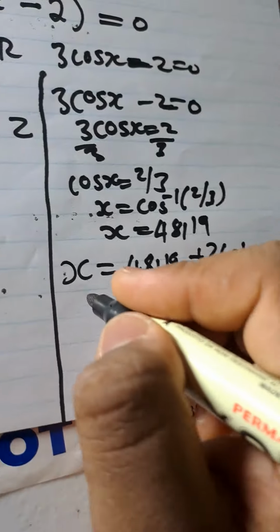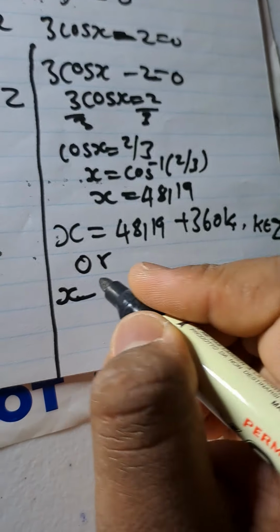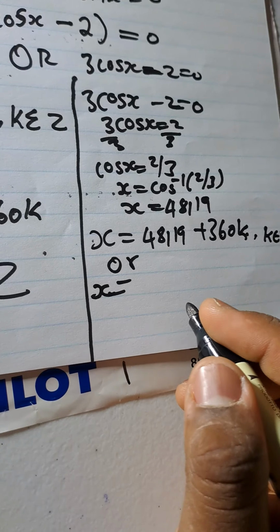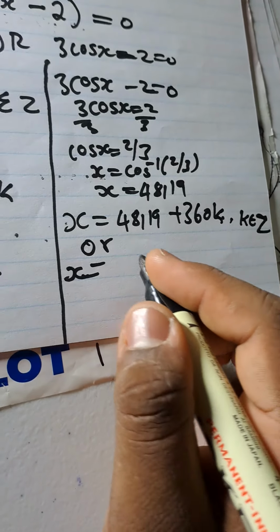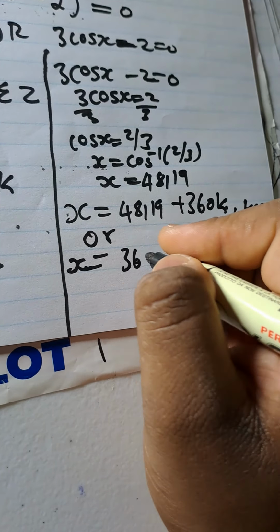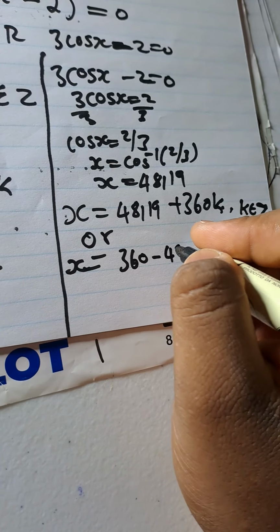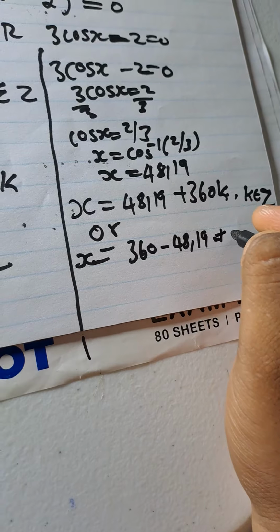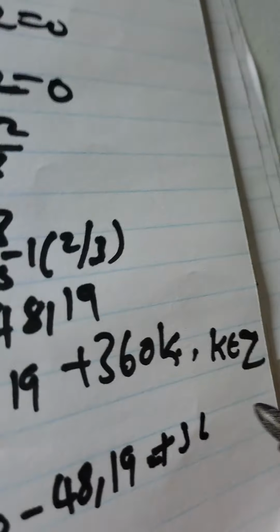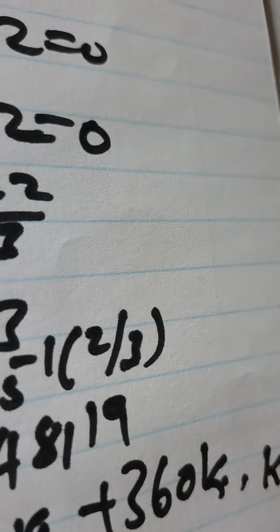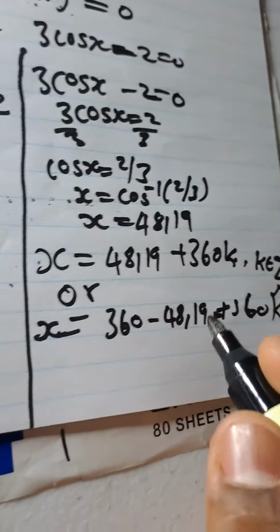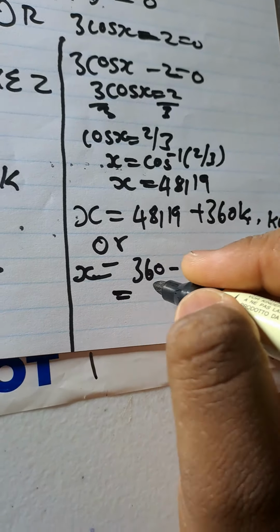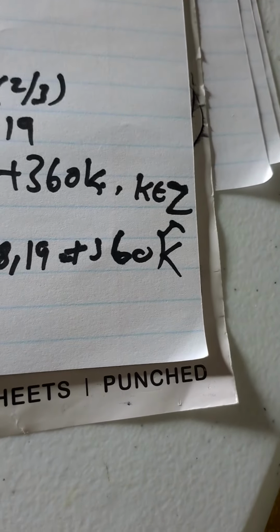Then or x is equal to, where is cos positive? In the fourth quadrant. In the fourth quadrant, we say 360 minus 48,19 plus 360k. Sorry guys, 360k. Then what is 360 minus 48,19?